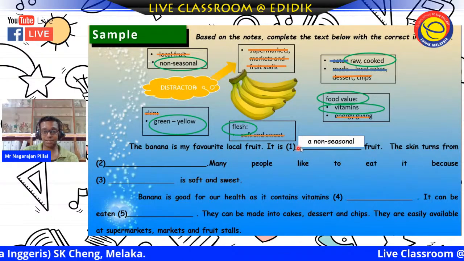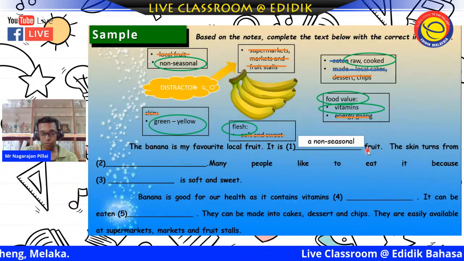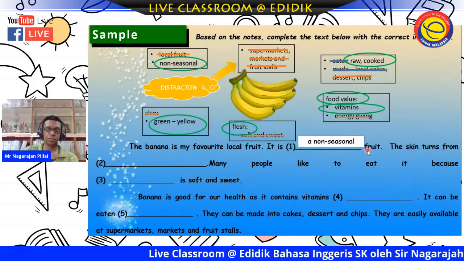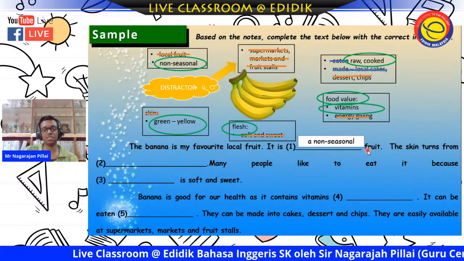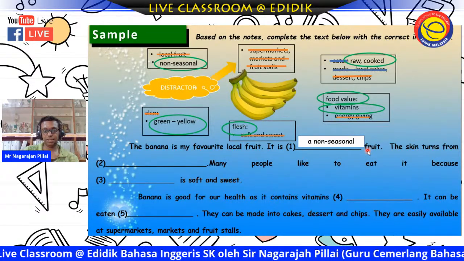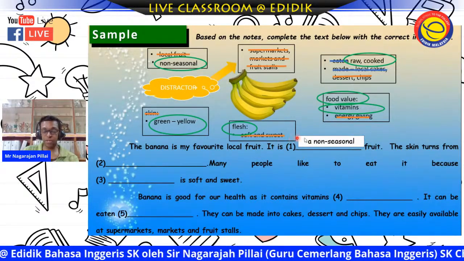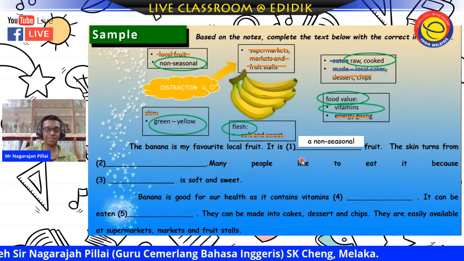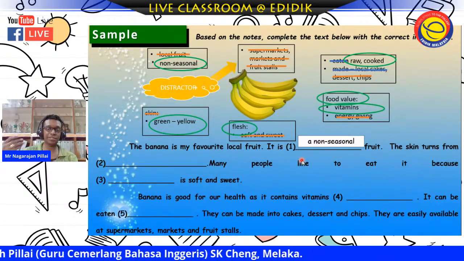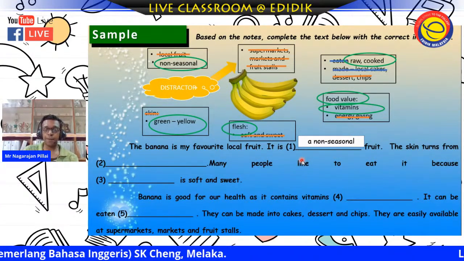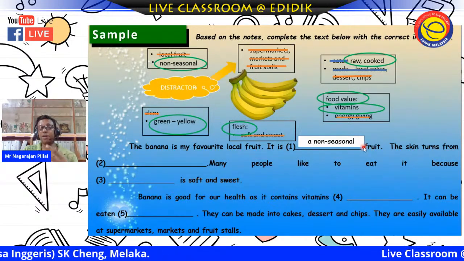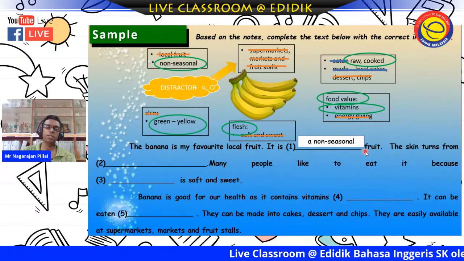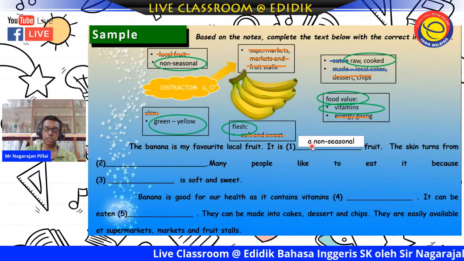That means we are talking about one fruit. One, singular. So for singular, we need to use a. So it's very important for you to finish reading the whole sentence. Look for clues like this. If there is a singular noun, only one, then you have to add a.